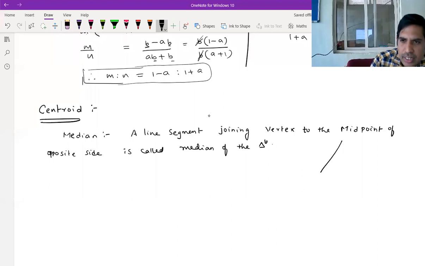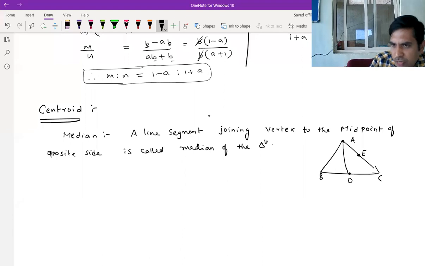So in a triangle, these are the vertices. So the line segment joining vertex to midpoint of opposite side. Suppose D is the midpoint. If I consider, so this AD is the median. Suppose this is E. E is the midpoint of AC.